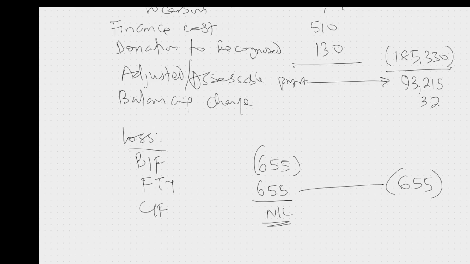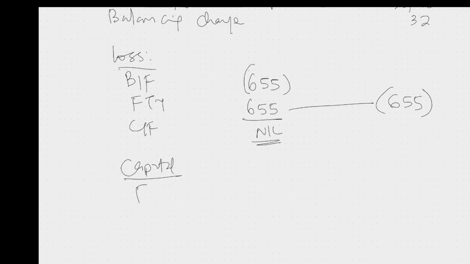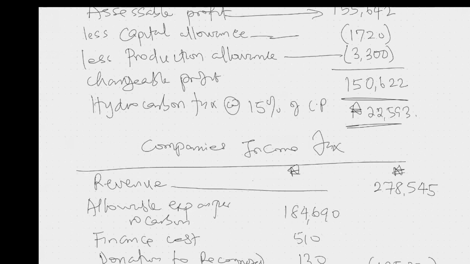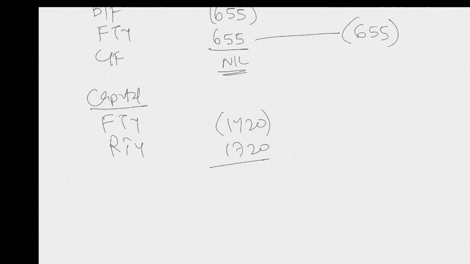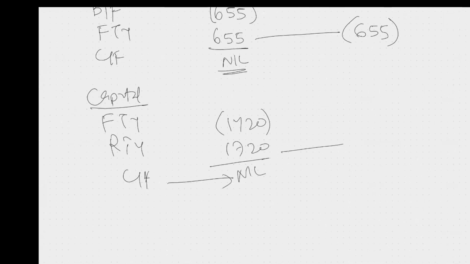Capital allowance for the year is how much? 1720. Relief for the year 1720. Carry forward nothing. So you will not bring production allowance here. Production allowance is not according to company income tax.